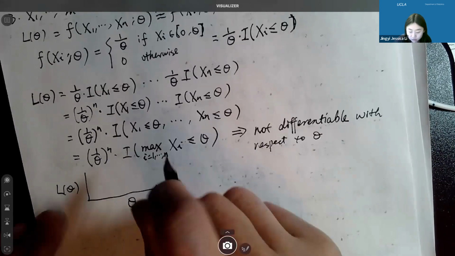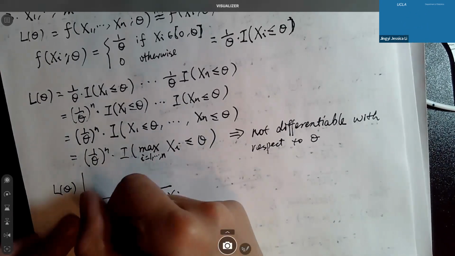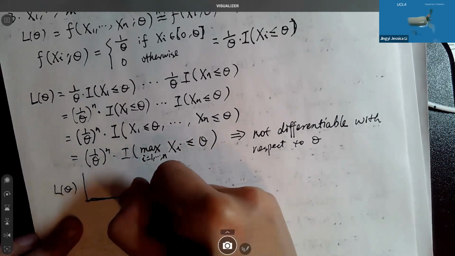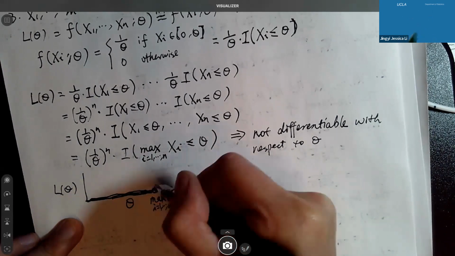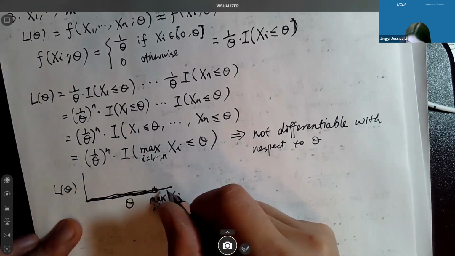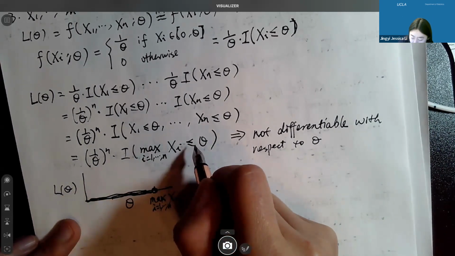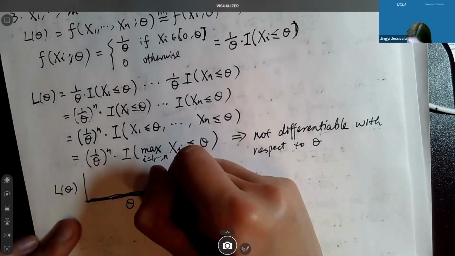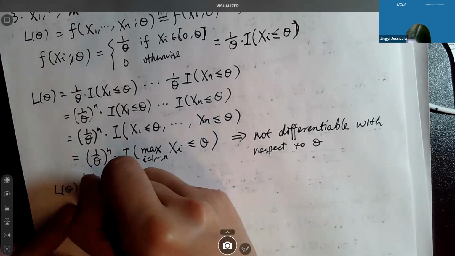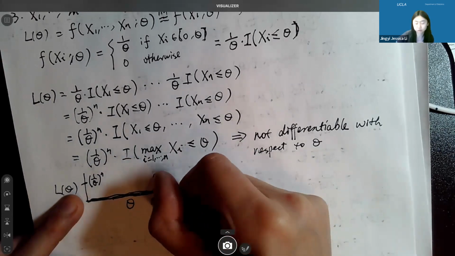So the function will stay at 0. And there's a circle here, meaning that once it reaches this value, it will suddenly jump to 1 for the indicator function. But it becomes 1 multiplied by this, which I'll just mark as 1 over theta to the power n.